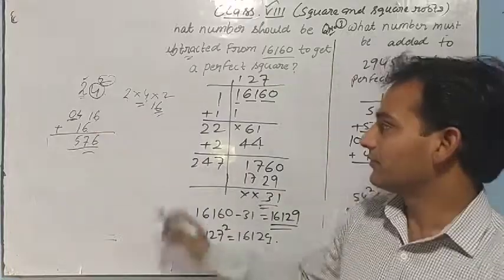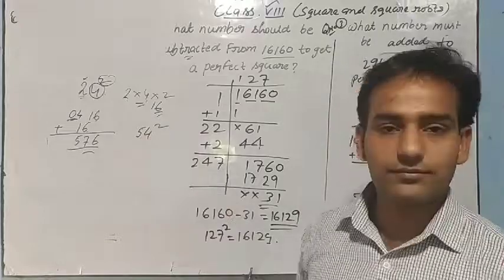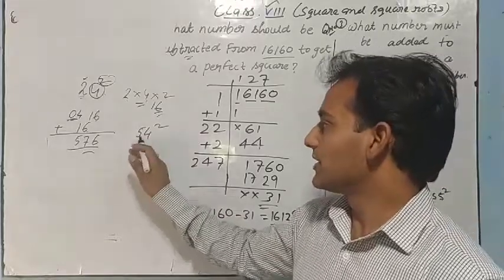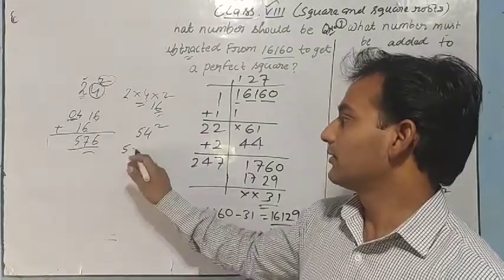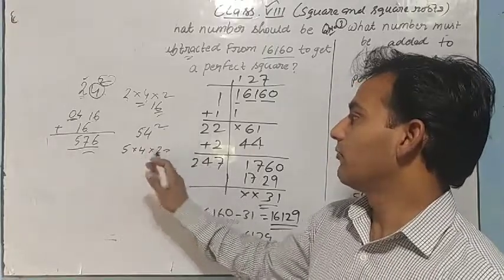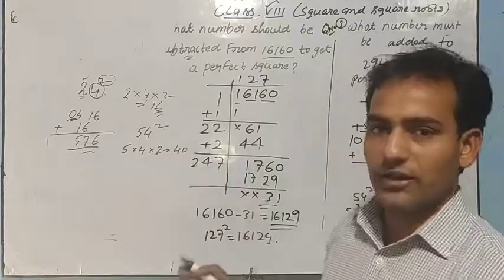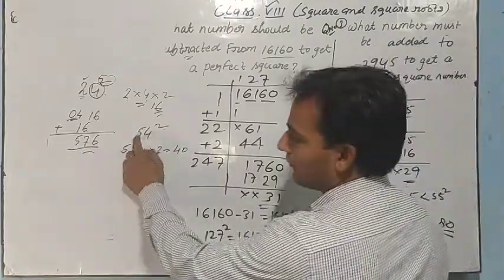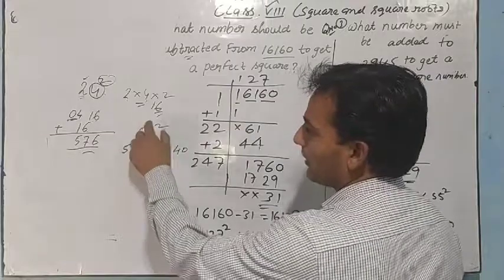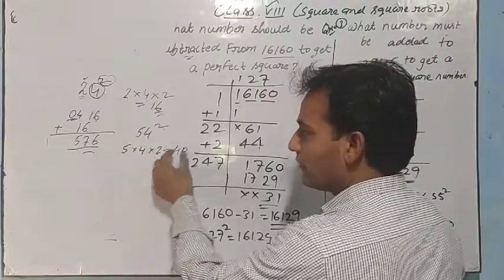Once again, please check. Let us take another example. 54 square. I have told you, this number 5, this number 4, and here 2. 5 4s are 20, 2 2s are 40. Are you getting me? The first thing is to multiply these. 5 4s are 20, 2 2s are 40.